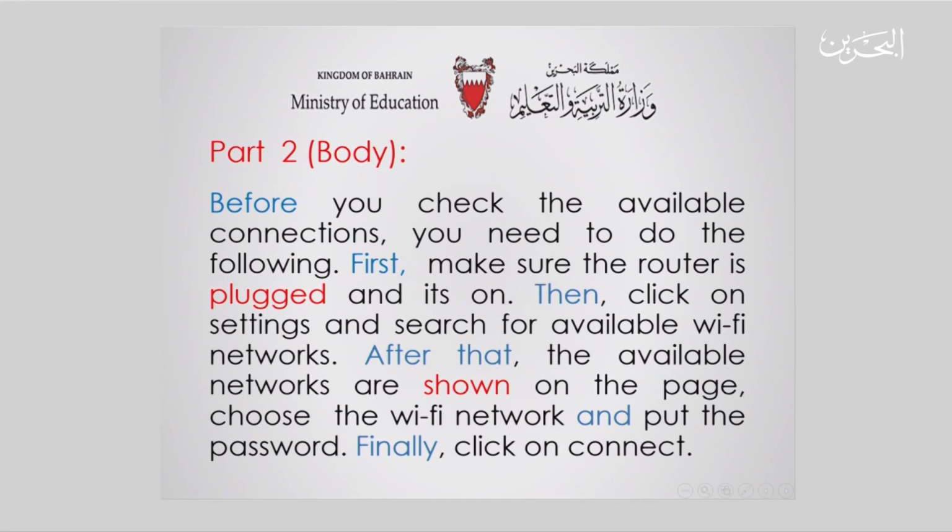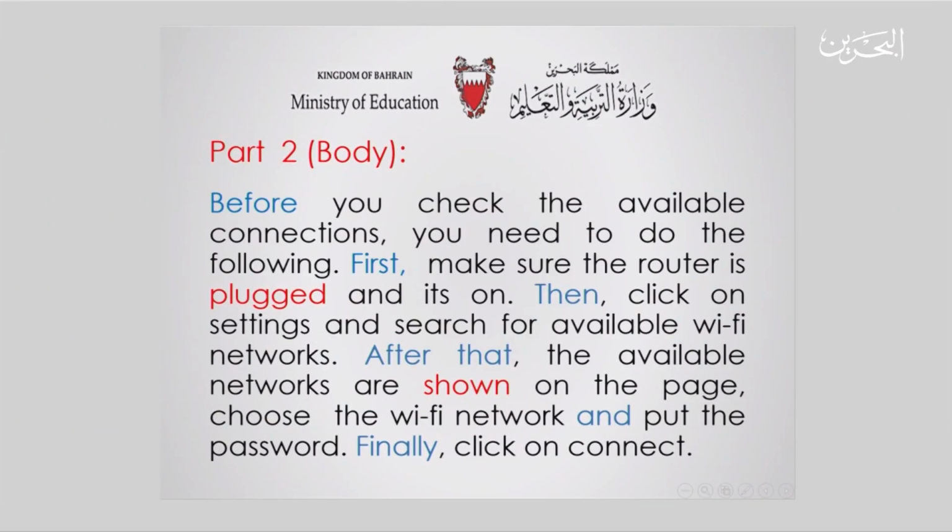Here I have to mention the linkers as well as the transitional words that I have previously explained, starting with. As you can see, they are in blue. Before you check the available connections, you need to do the following. Pay attention to this. First, and this is a transitional word, make sure the router is plugged in.